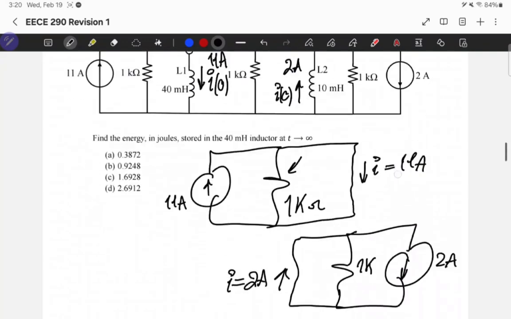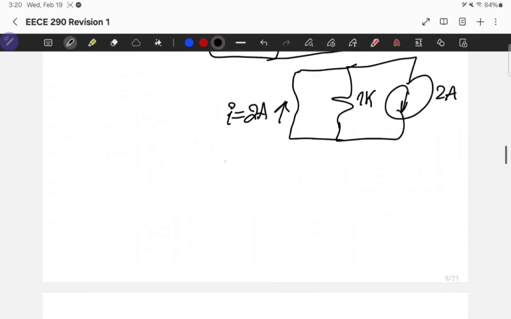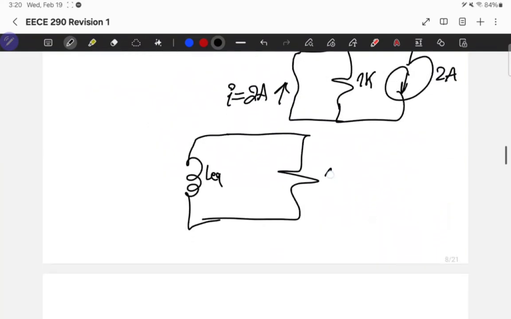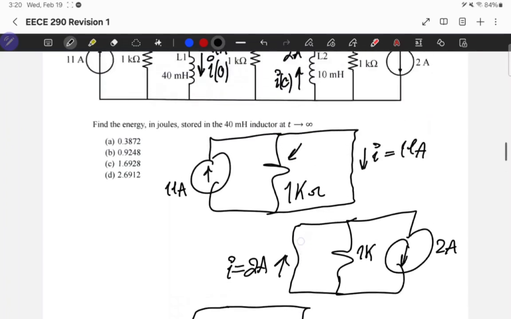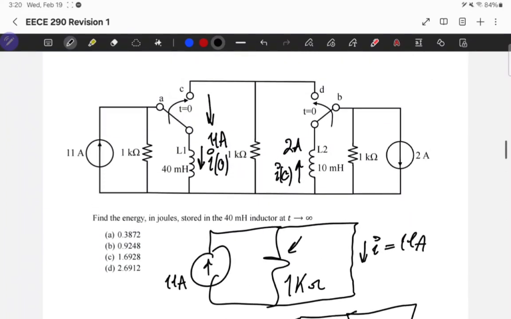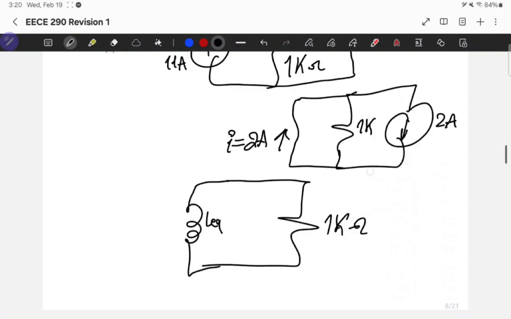So if we need to do the equivalent circuit, it's going to look like this. This is L equivalent. And this is the resistor that we have, which is 1 kilo ohm. The initial value of this current will be, look here, we have L1 with current going down and L2 with current going up. So 11 minus 2 will give me the current going downwards.